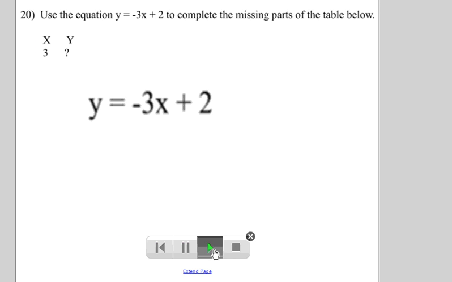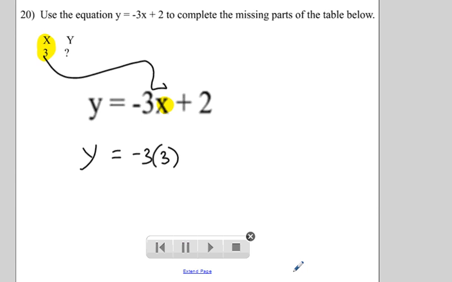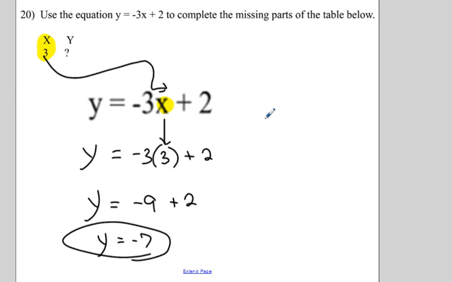Last two, if they give you the X, plug it into the equation, and you can figure out the Y. So Y would equal negative 7.